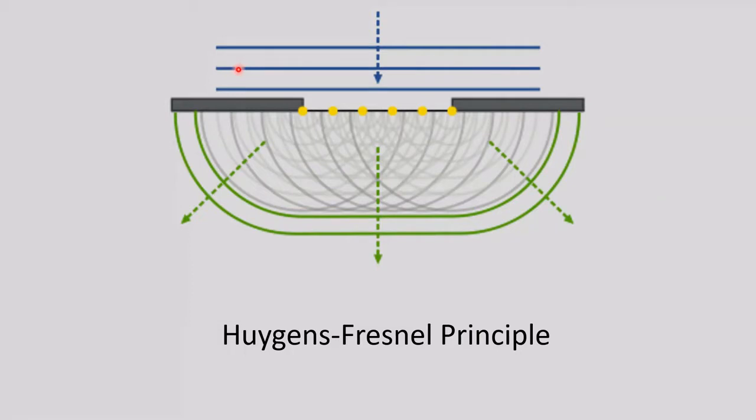If each point were radiating circular wavefronts, this one radiating circular wavefronts, this one as well, and then you looked at the overlap of all the circular wavefronts which were emitted at the same time, you would actually be able to show that the overlap is another horizontal line on the screen here.